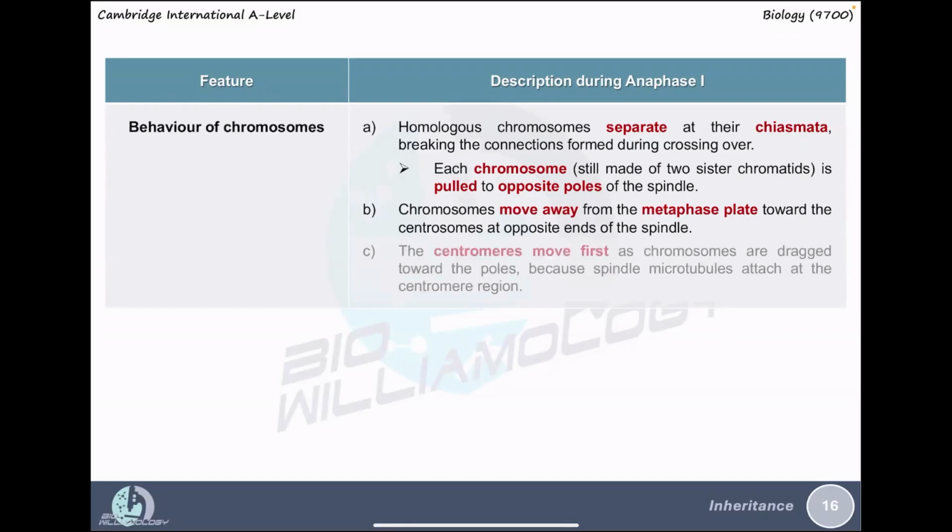spindle. And because of the attachment of the spindle microtubules to the centromere, the centromere always moves first and the chromosomes are dragged toward the pole because the spindle microtubules are attached to the centromere region.